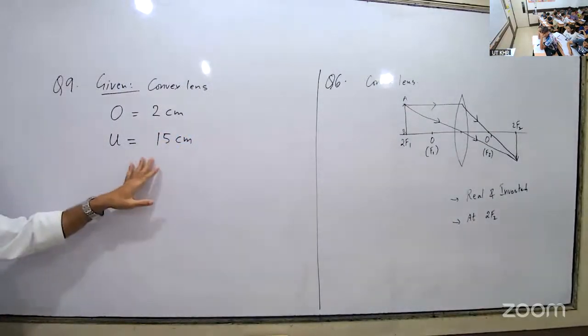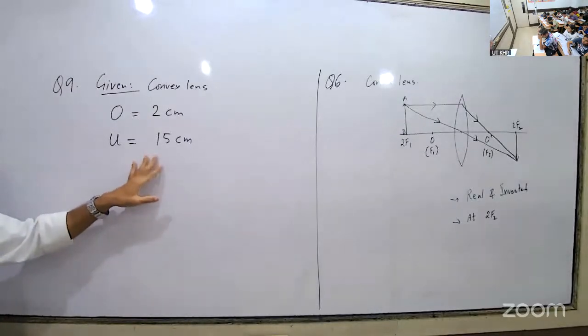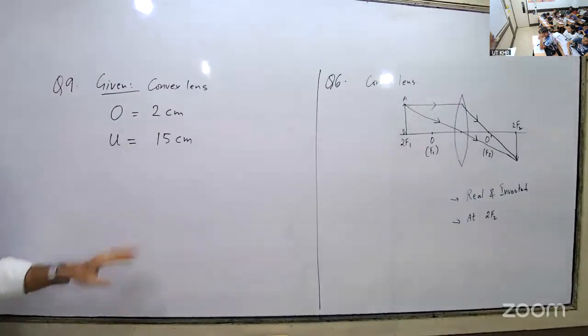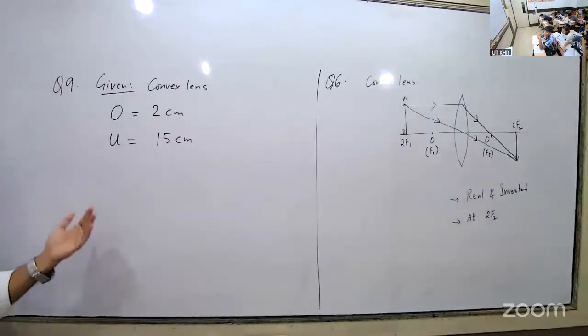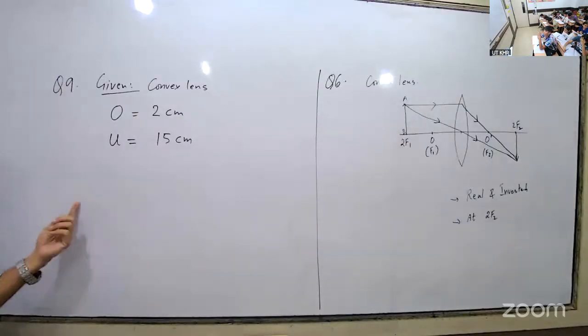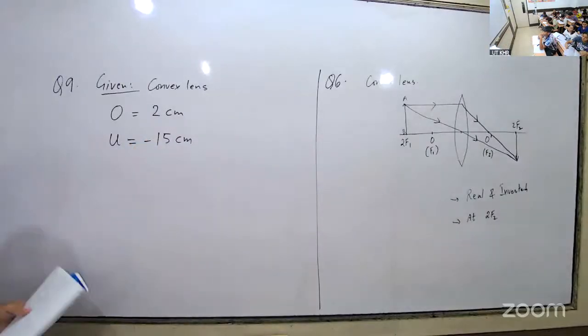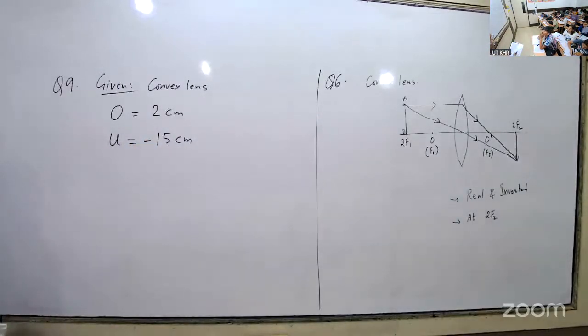What will be the sign of u? Plus or minus? Tell me. Plus. Is the object before the lens or after the lens? Before, so it is plus. To the left of O is minus. Okay, so the sign is not given here; you have to guess the correct sign.